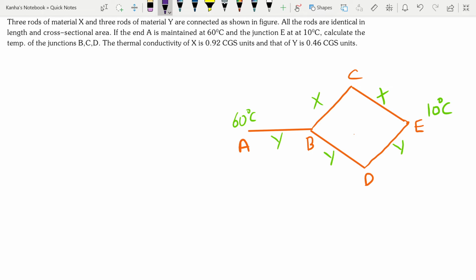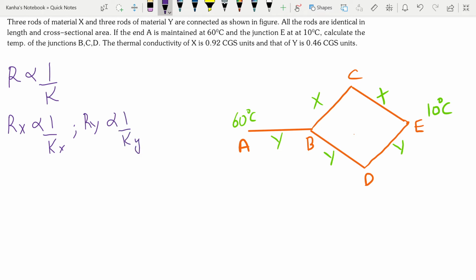So first of all, before approaching this question, the basic concept should be extremely clear to you. You should know that the resistance offered in conduction is inversely proportional to your conductivity. So I can have Rx inversely proportional to 1 by Kx, and Ry inversely proportional to 1 by Ky.